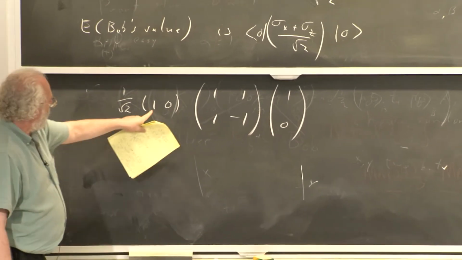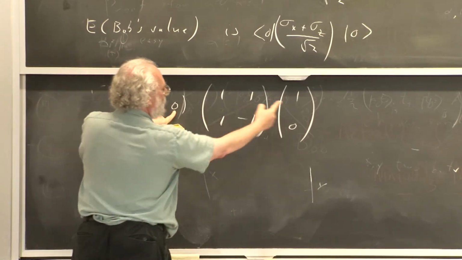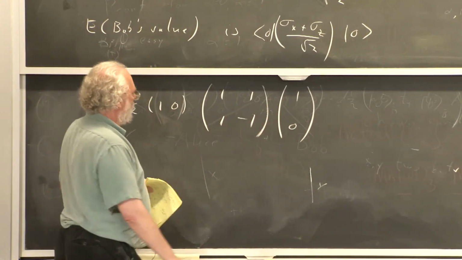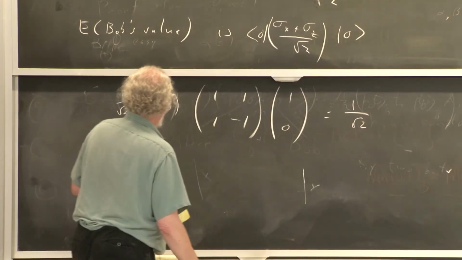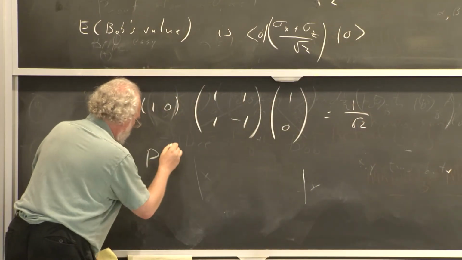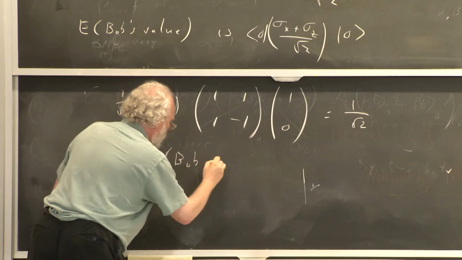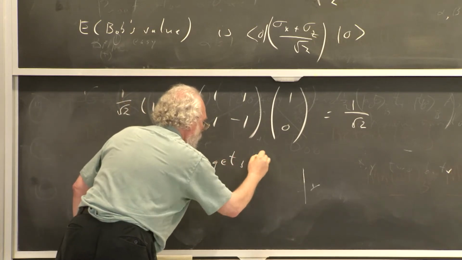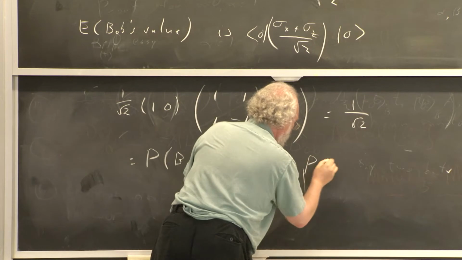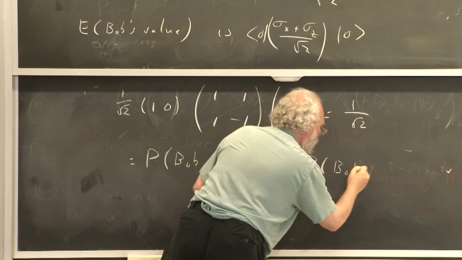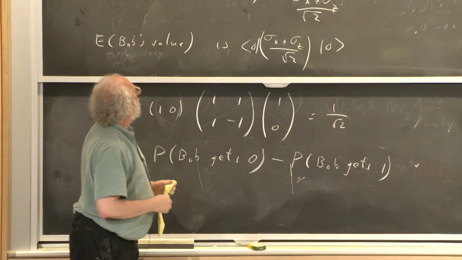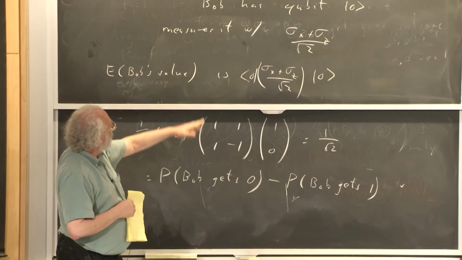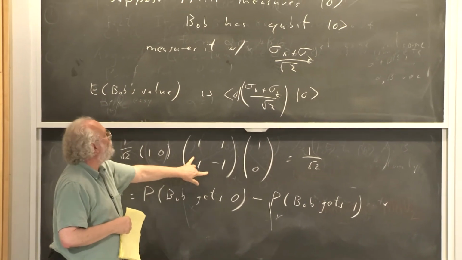So this times that is 1. So this is 1 over root 2. But this is equal to the probability that Bob gets 0 minus the probability that Bob gets 1, because it's the expectation of this observable.